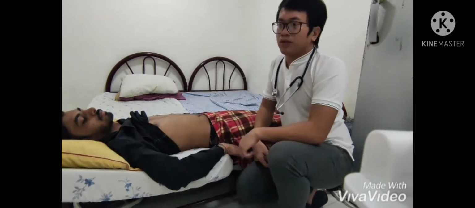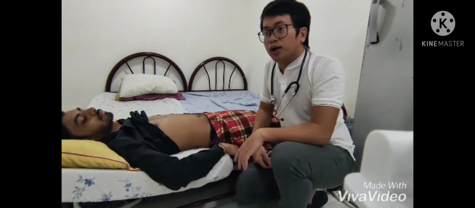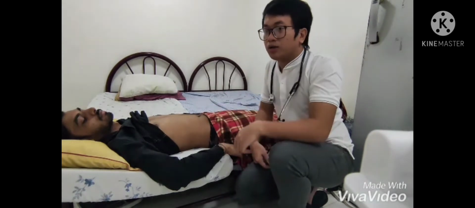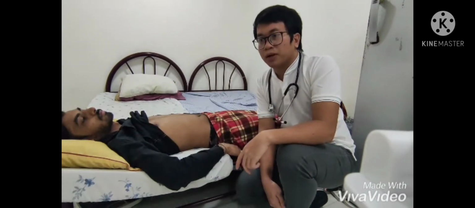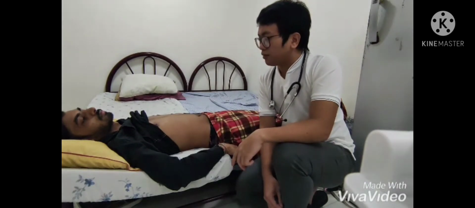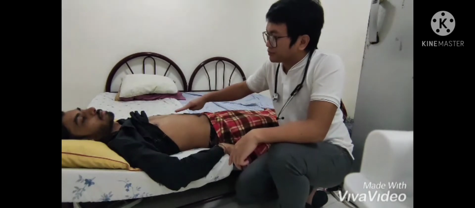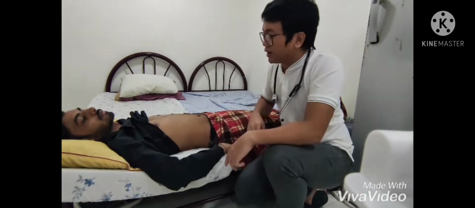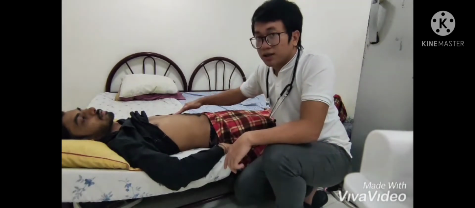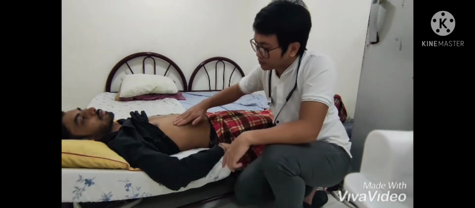In palpation, you also palpate all of the quadrants. There are 2 kinds of palpation: the light palpation and the deep. The light one is that you just palpate all the quadrants.